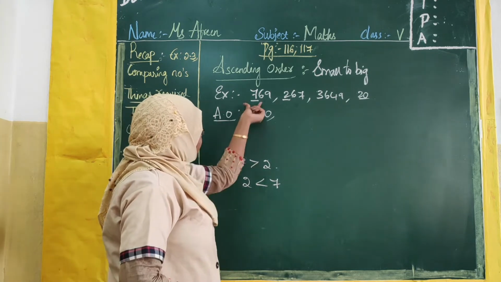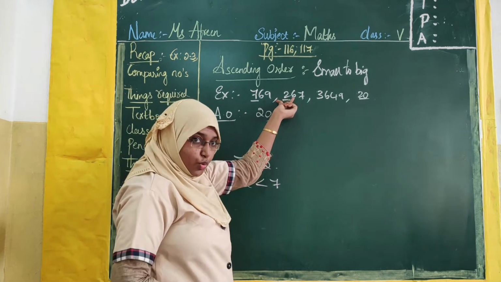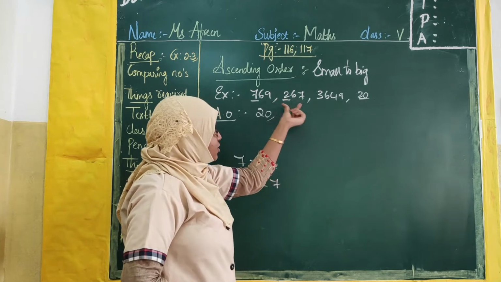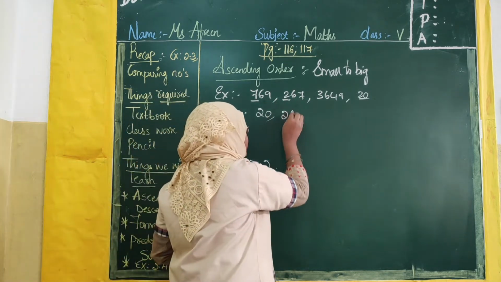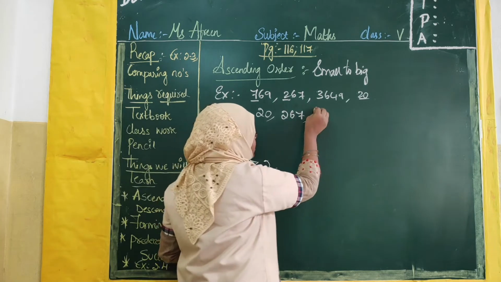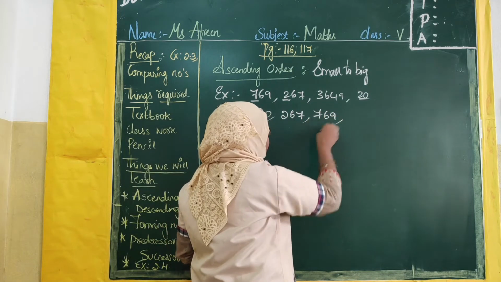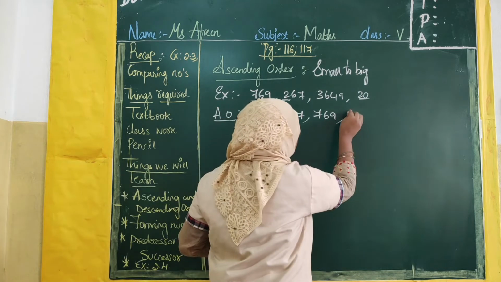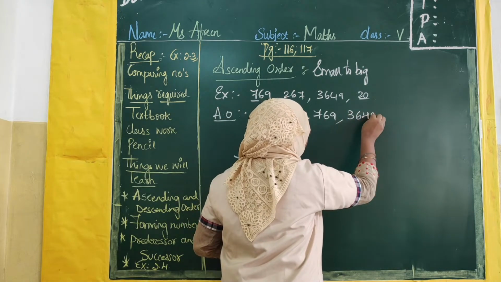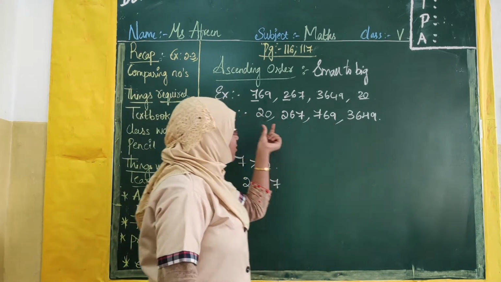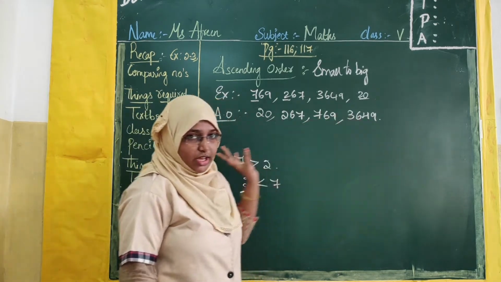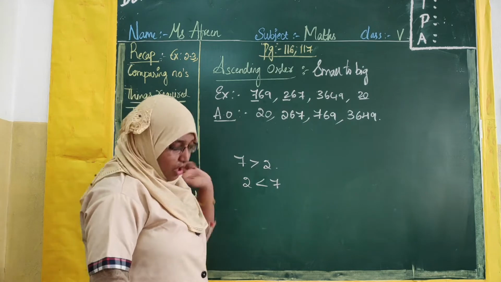So 267 is smaller than 769. So we will write 267. Next is 769, and at the last, this is the 4-digit number, that is 3649. Ascending order, small to big, that is from 20 to 3649 we have written. This is our ascending order.